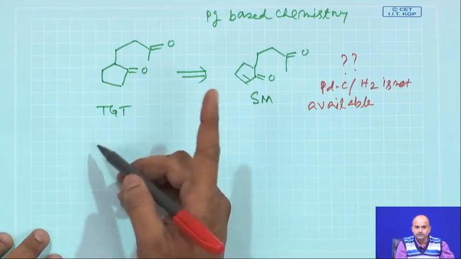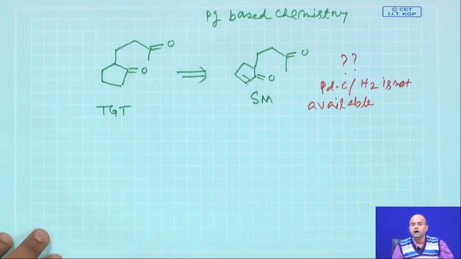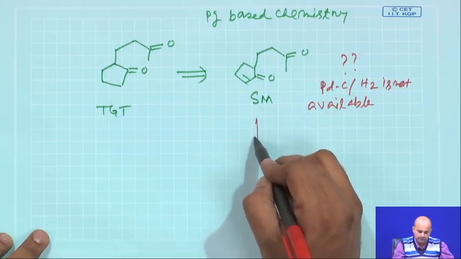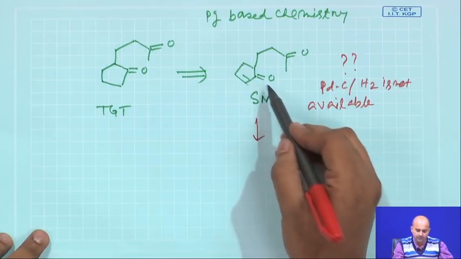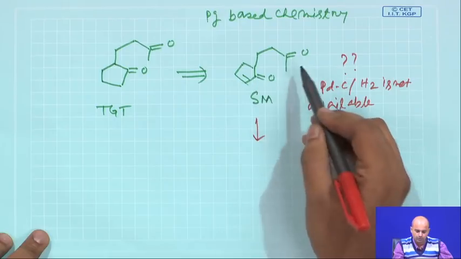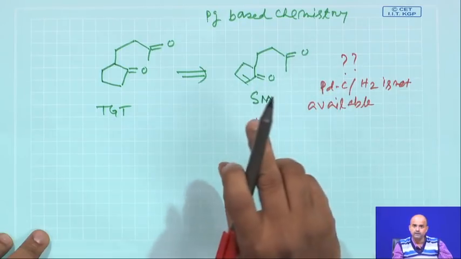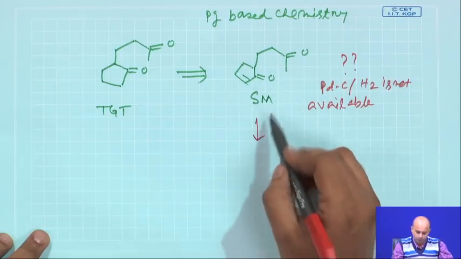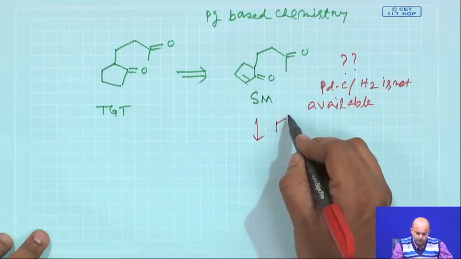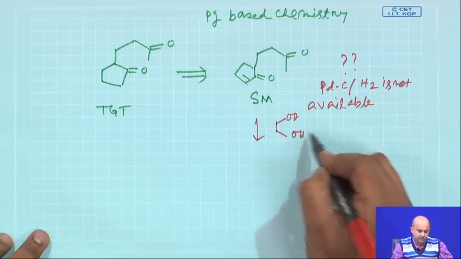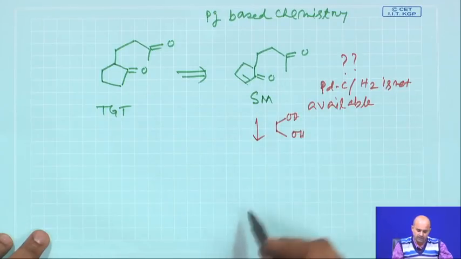I will probably prefer the second alternative, whether some other reagents can be used to access this target. Now, the starting material has an alpha beta unsaturated ketone as well as a saturated ketone, so their reactivity differs. So, what I first try to do is protect the saturated ketone with some reagent something like this.